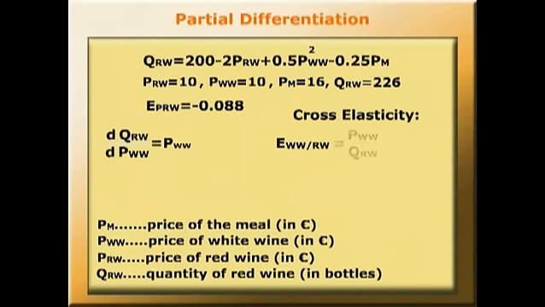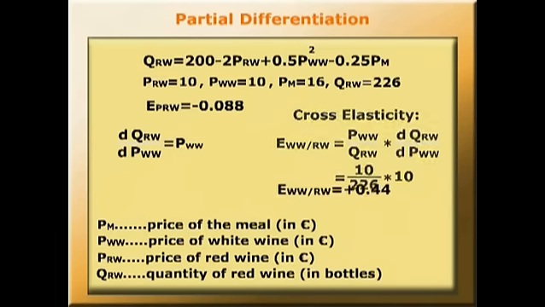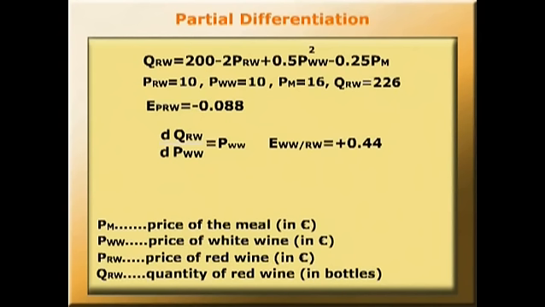So our cross elasticity is PWW over QRW times dQRW by dPWW, which equals 10 over 226 times 10 equals 0.44.